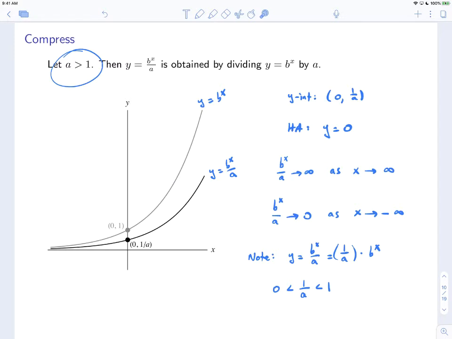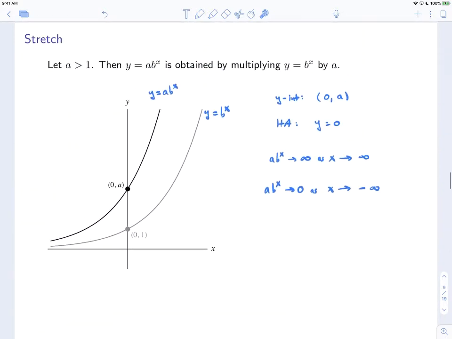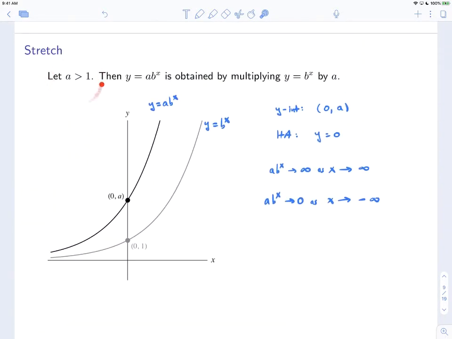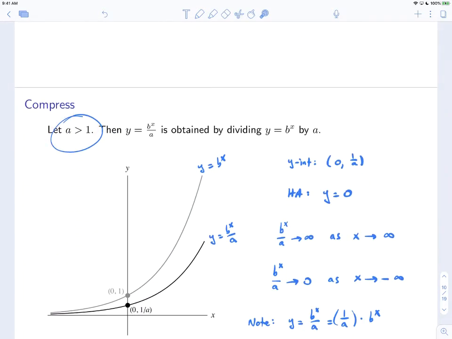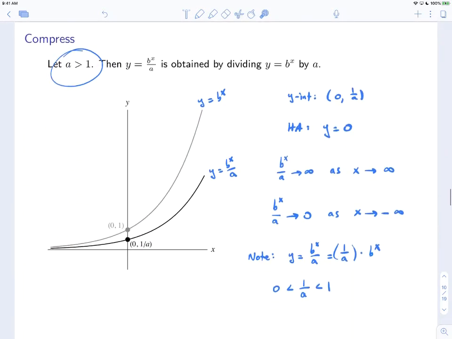Both of these cases started with a being greater than 1. That's because the case where a is between 0 and 1 is the same as this case.